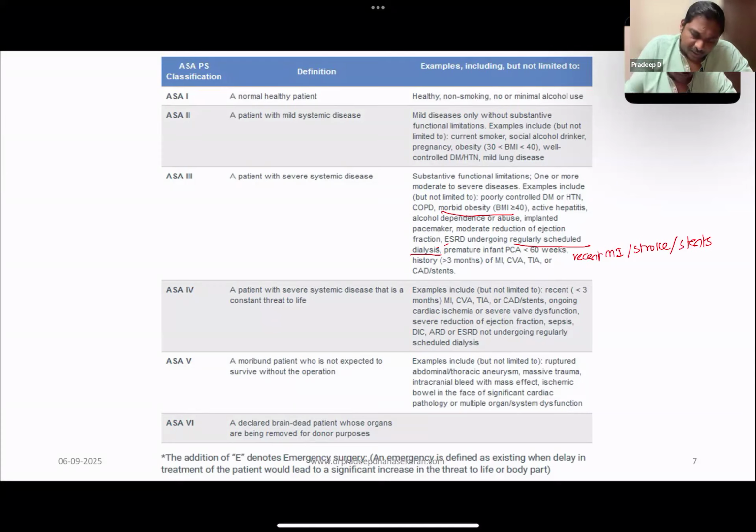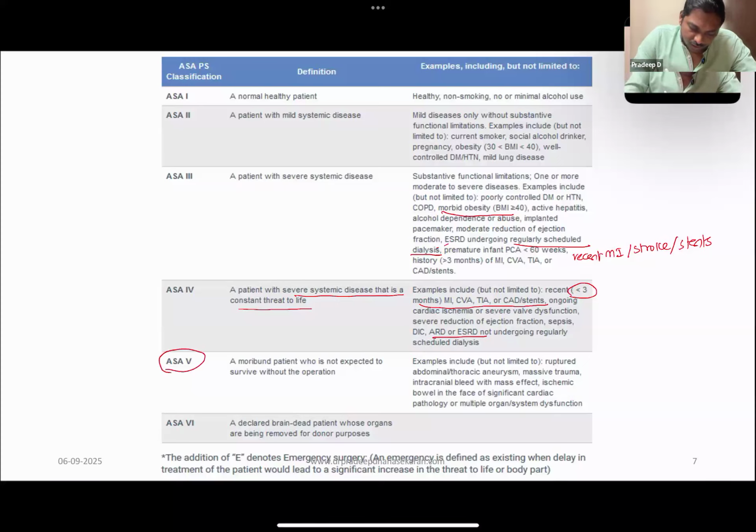ASA class 4 includes patients with a severe systemic disease that is a constant threat to life, right? So here it's a recent MI, that is less than 3 months, stroke, and a patient having severe end-stage renal disease.